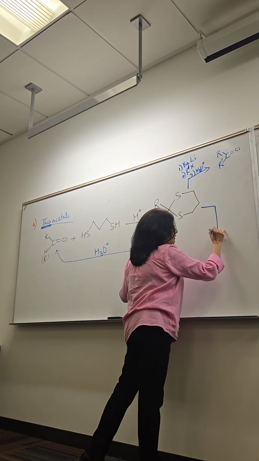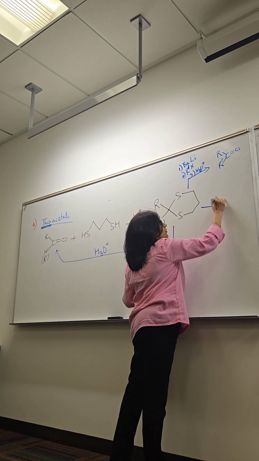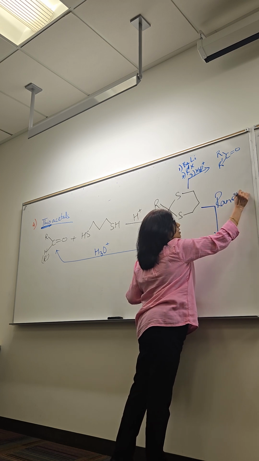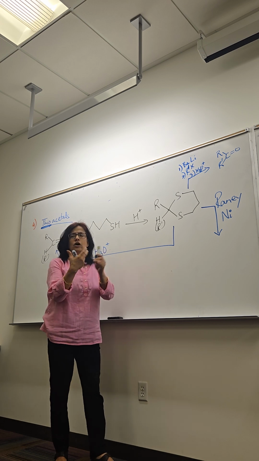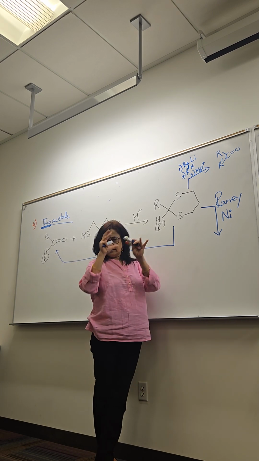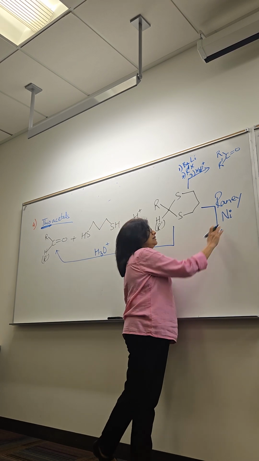But there's one other thing they can do, which is if you treat it with something called Raney nickel. It's basically nickel metal with certain groups on it to control the reactivity of the nickel itself as a catalyst.